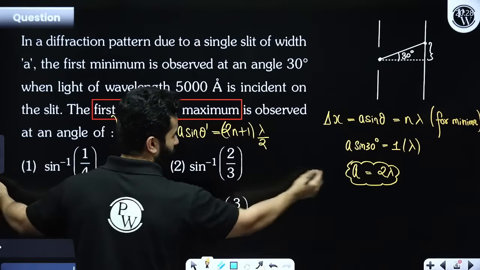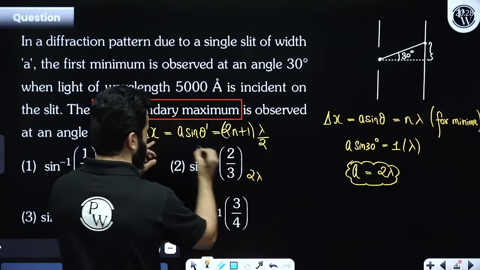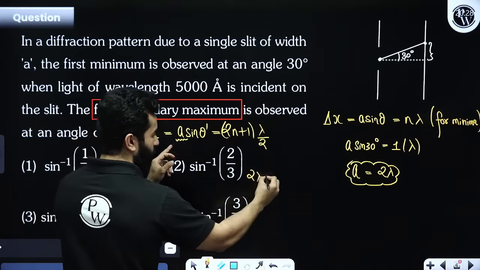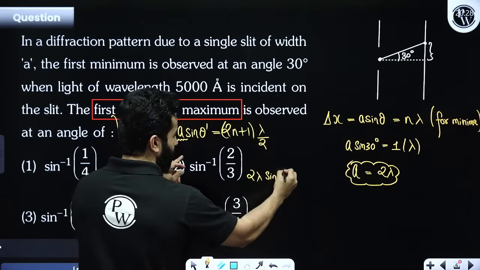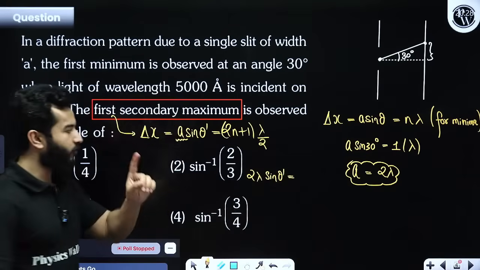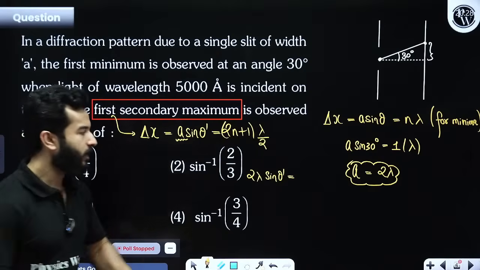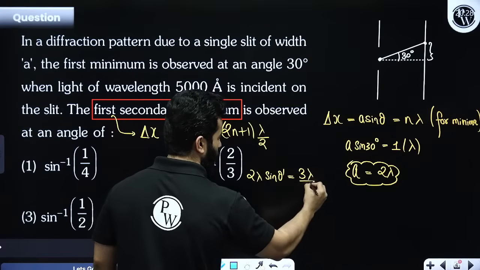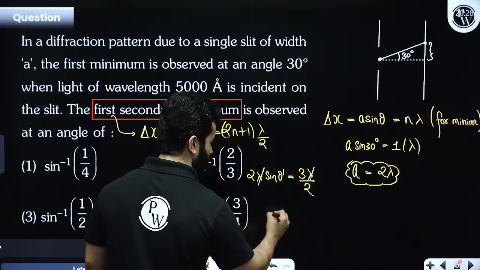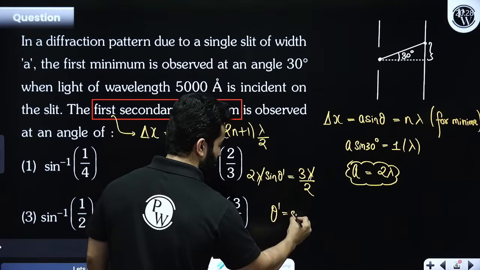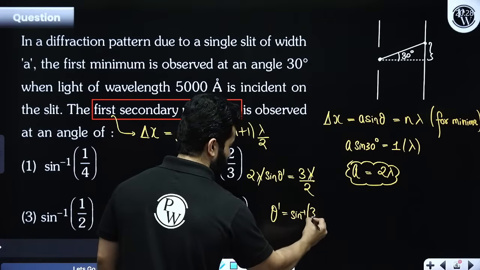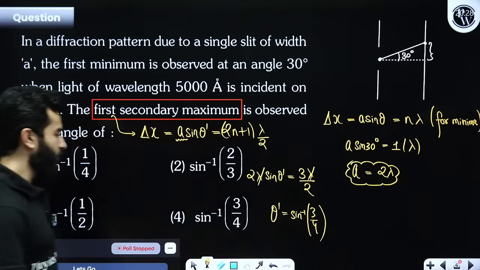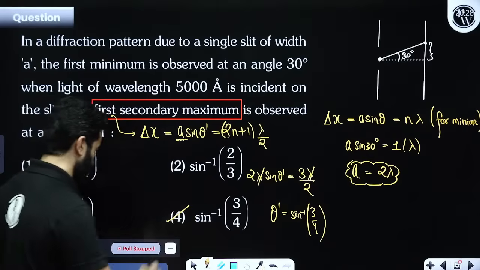So instead of a, let's write 2 lambda, multiplied by sine theta dash, and instead of n, we are putting 1. So this will become 3 lambda by 2. Lambda gets cancelled out. Theta dash will come out to be sine inverse 3 by 4. That means option 4th is the correct answer.